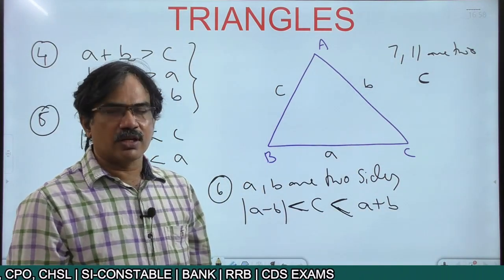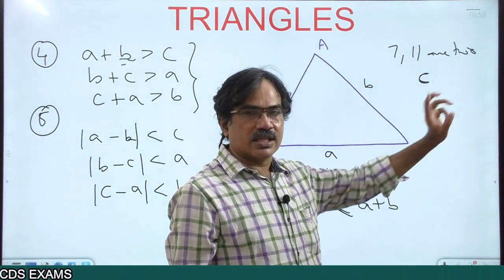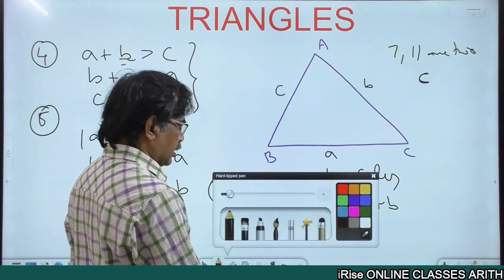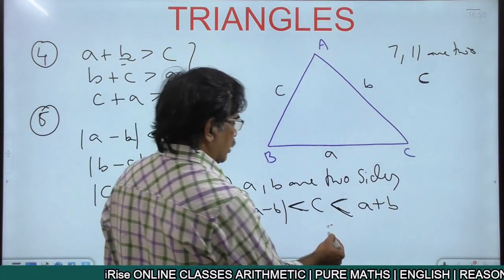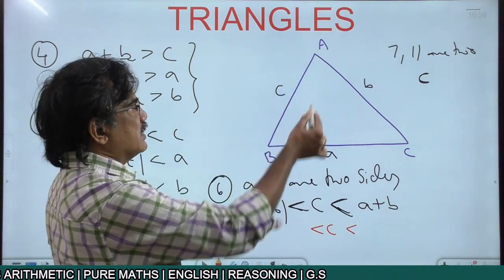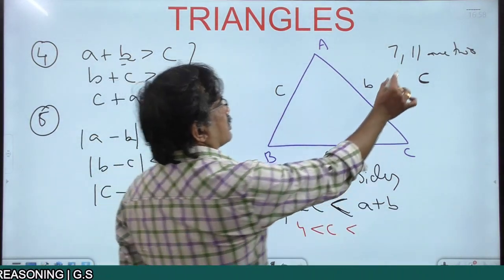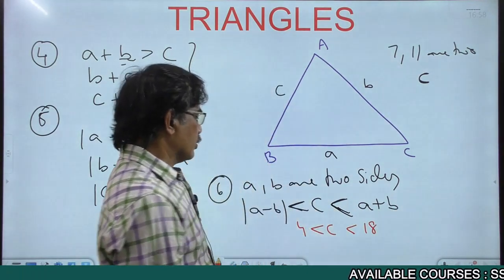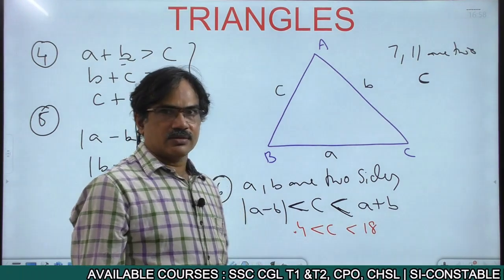Based on this property, C always lies between the difference of 7 and 11, that is 4, and the sum of these two, nothing but 18. So C lies between 4 and 18.